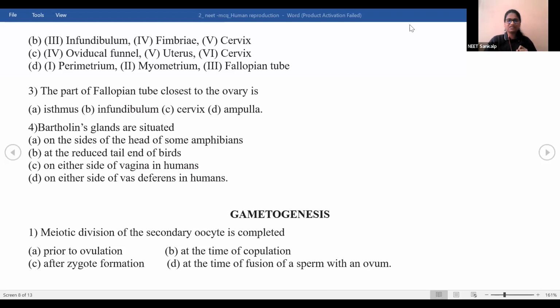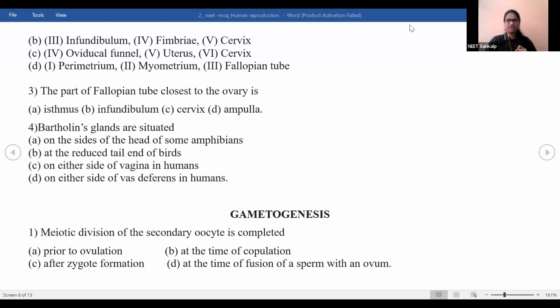I got the first answer from Jyoti: at the time of copulation. Shri Suresh, option E, we don't have an option E here.